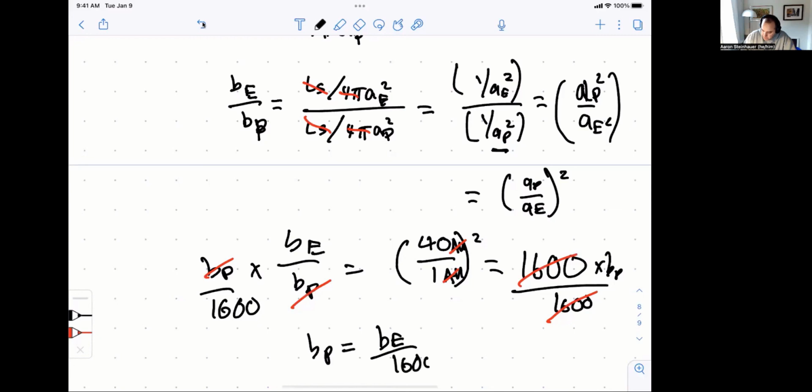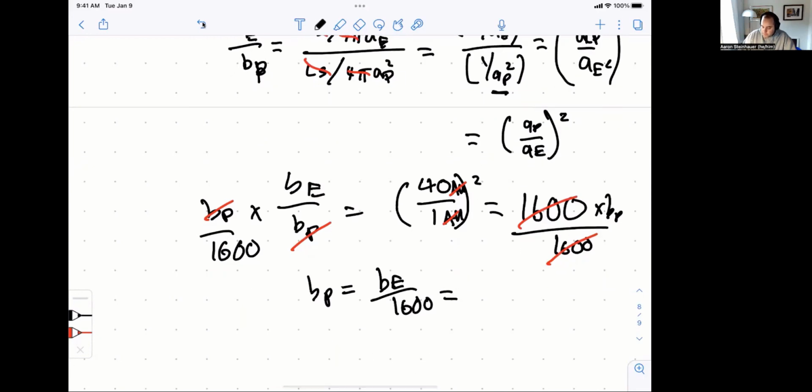We know the brightness of the Earth: it's 1,300 watts per square meter divided by 1,600. That's a little bit less than 1 watt per square meter, 0.81 watts per square meter.